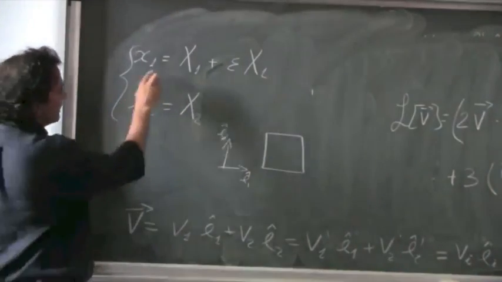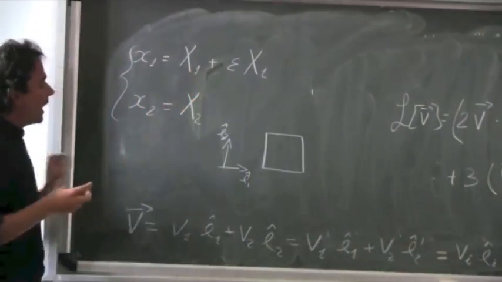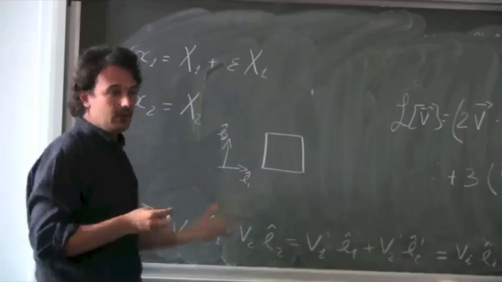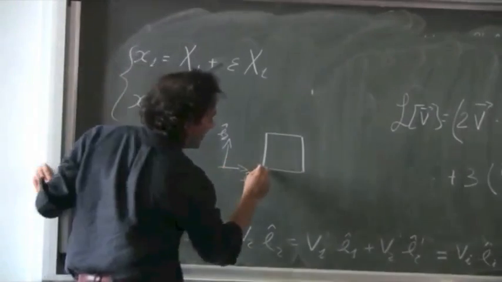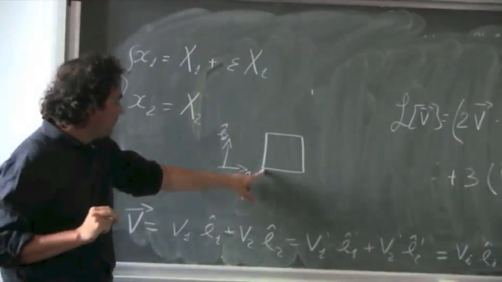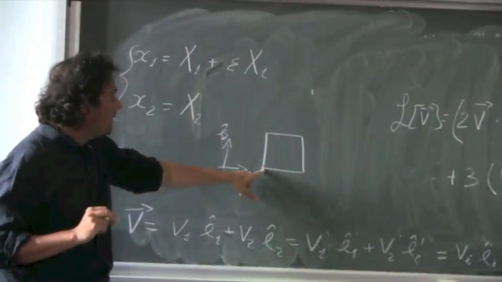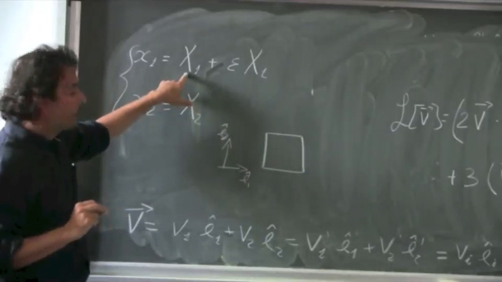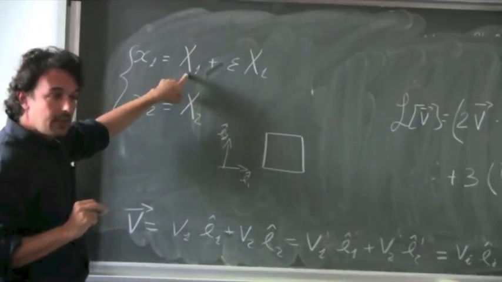What does it mean? What is the final shape of this function? It means that this point has the coordinate x1.